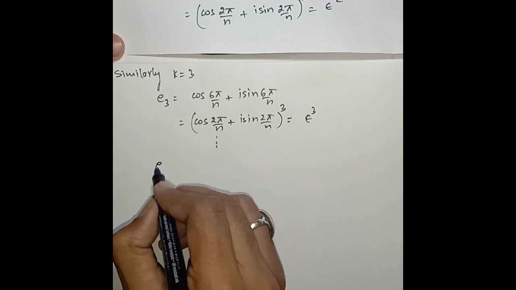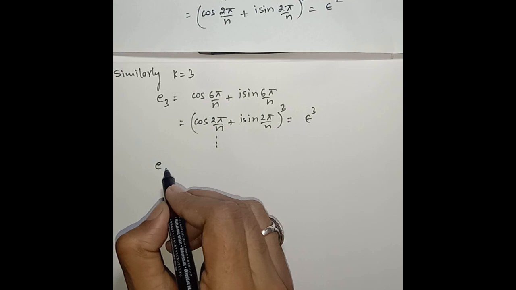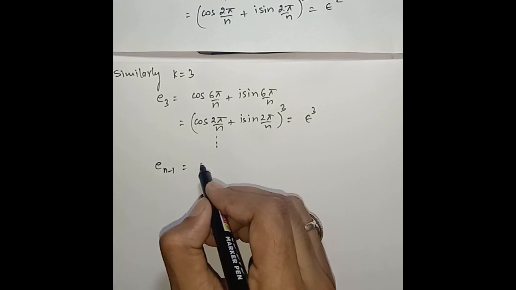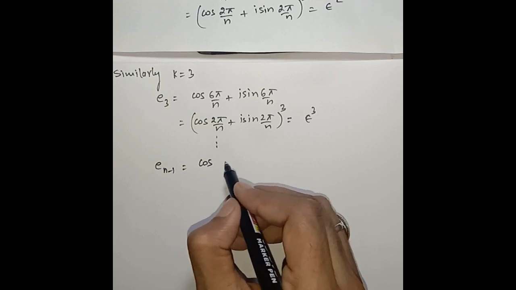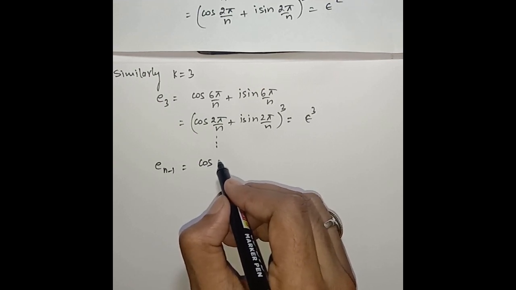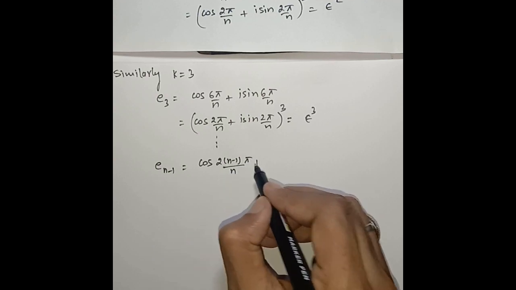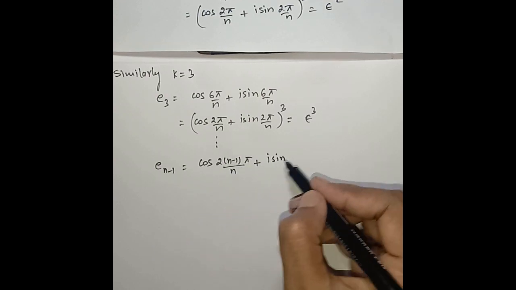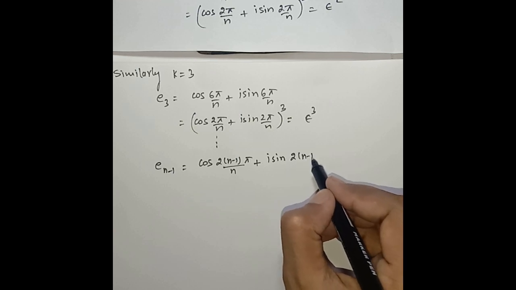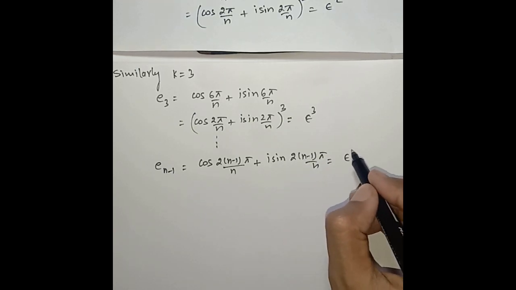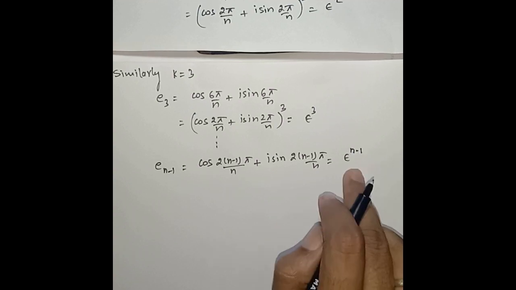So in the same manner, we can write e to the power n minus 1 is equal to cos 2(n minus 1) pi by n plus i sin 2(n minus 1) pi by n. This is equal to epsilon to the power n minus 1.